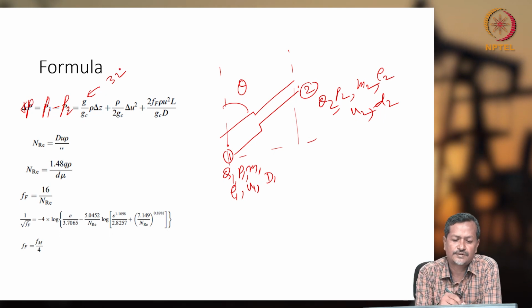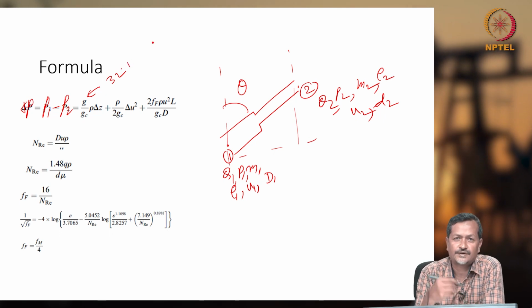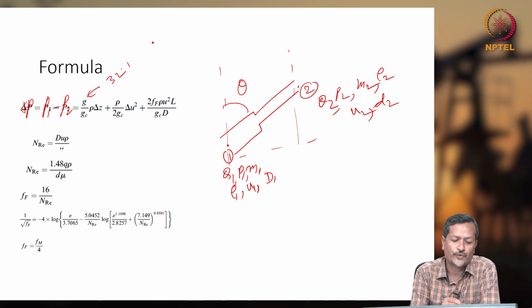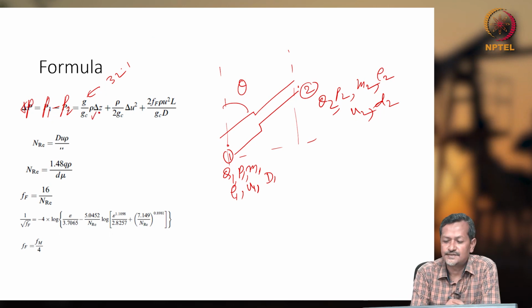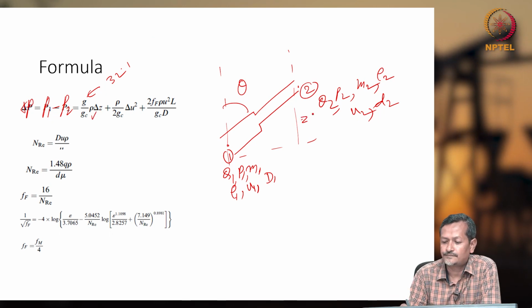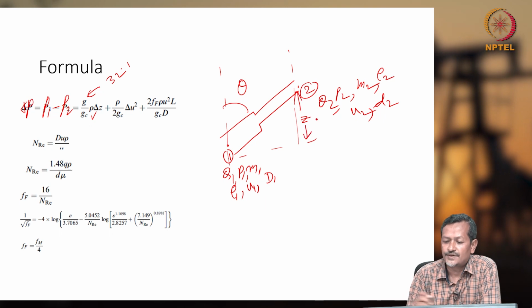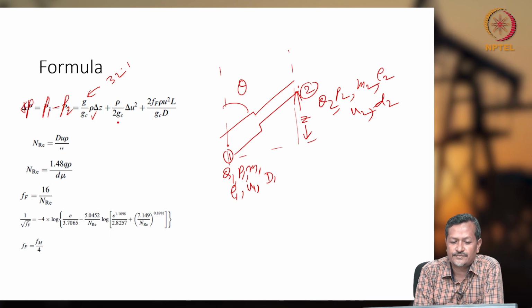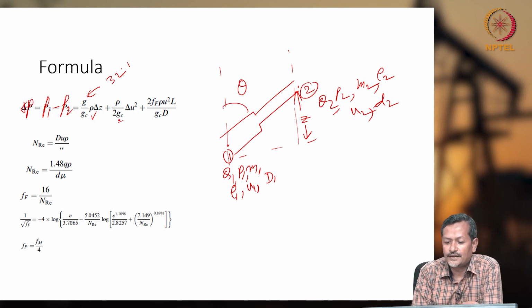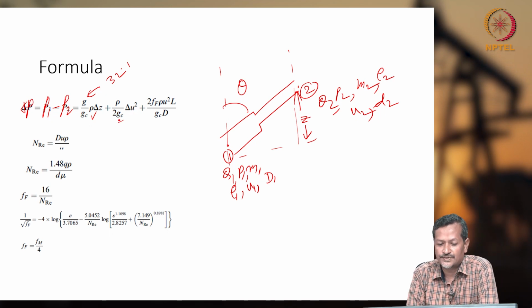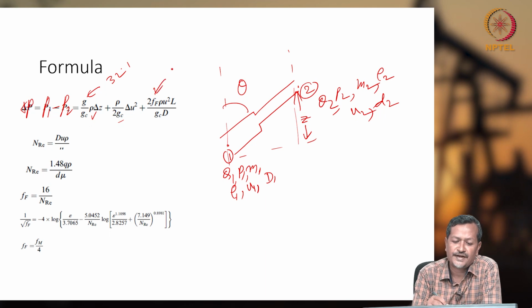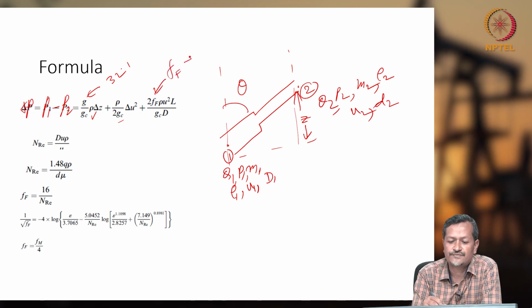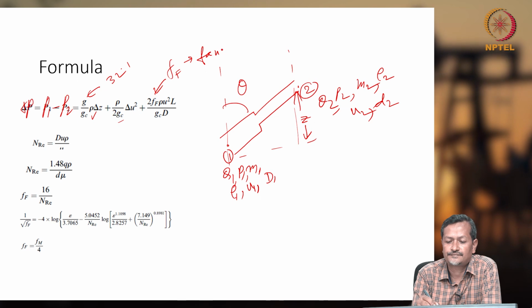For the exact value, just follow the book. Rho is the density. Del Z, Z is here. Rho is density, g by gc, gc value again 32. And del U, U is velocity, fluid velocity. And here, F is the Fanning friction factor.